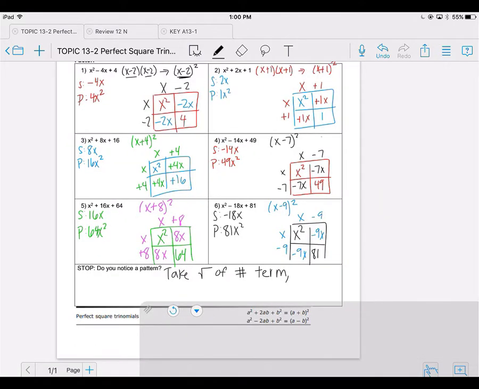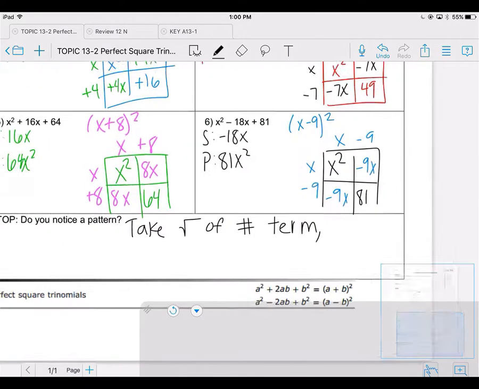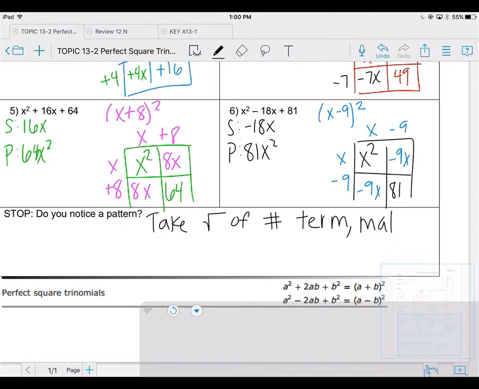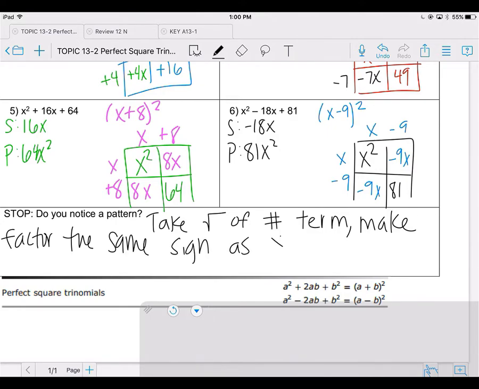And then let's look at our signs. In the middle, we started with a negative and had a negative. On 2, we started with a positive in the middle, ended with a positive. Negative to negative, positive to positive, positive to positive, negative to negative. So we can take the square root of the term and make our factor the same sign as our x term.